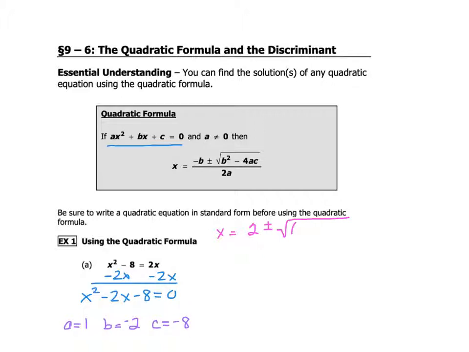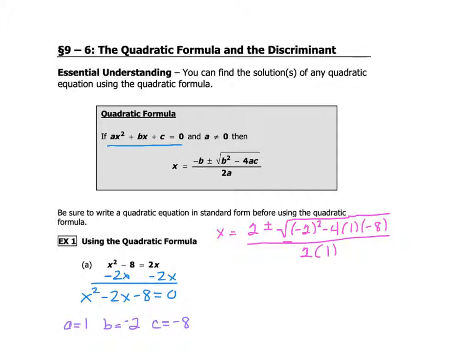Since b is -2, let's put it in parentheses and write squared. Then minus 4 times a times c. Let's put a and c in parentheses too: a is 1 and c is -8. Then we put our fraction bar, and underneath 2a, so 2 times a, which is 1.